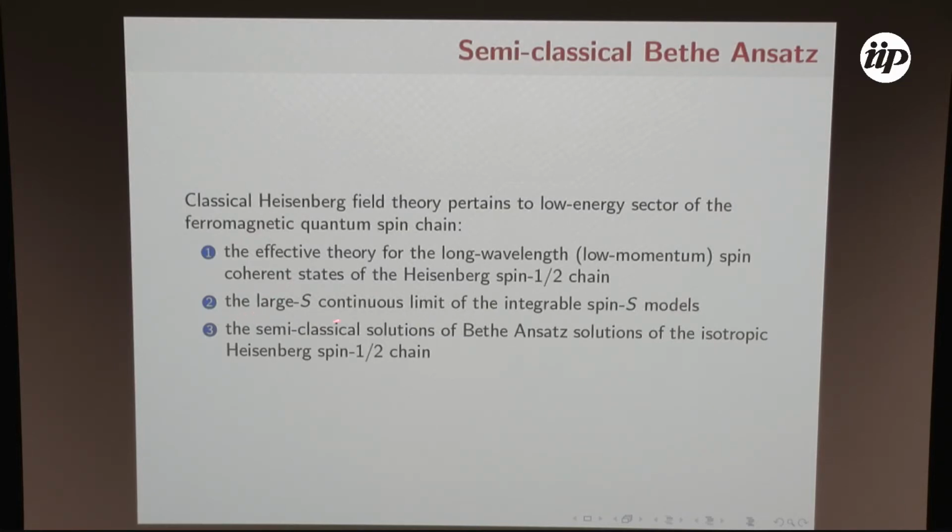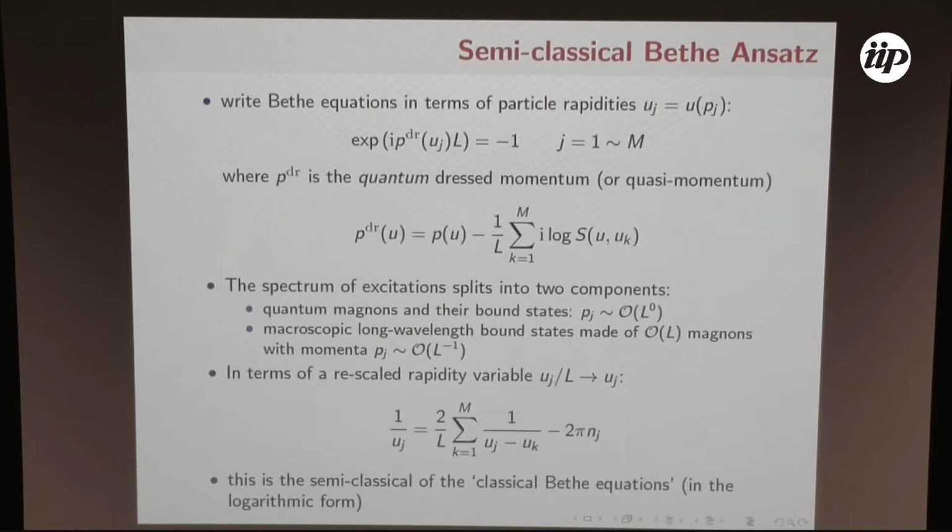The other possibility is to consider integrable spin S models with large spin, take the large spin limit, and take the continuous limit. Then you will also recover the same theory. And the third possibility is to simply stick with the Bethe-Ansatz for the Heisenberg spin 1/2 chain, and then consider the semi-classical part of the spectrum. Maybe just in a picture.